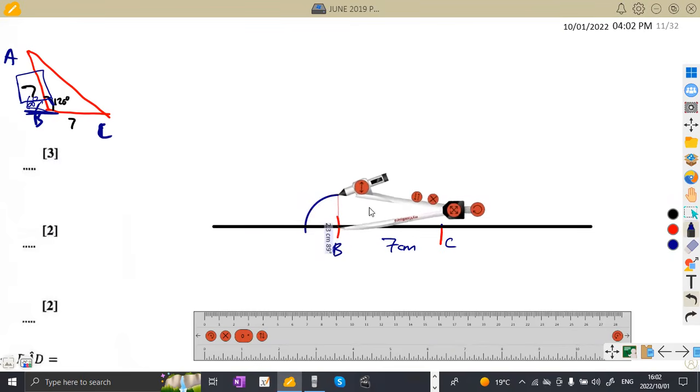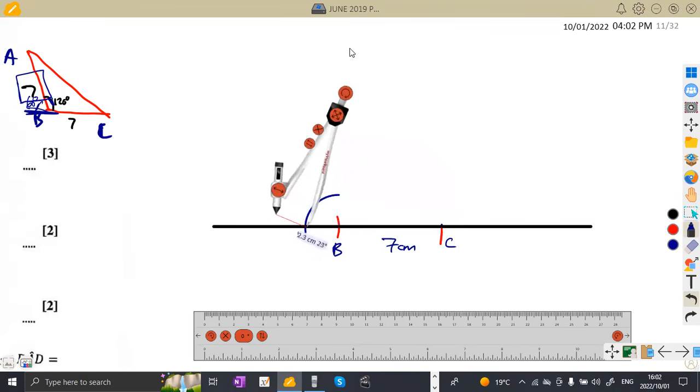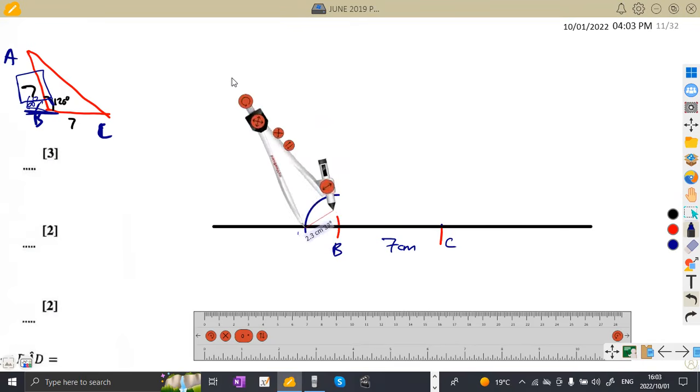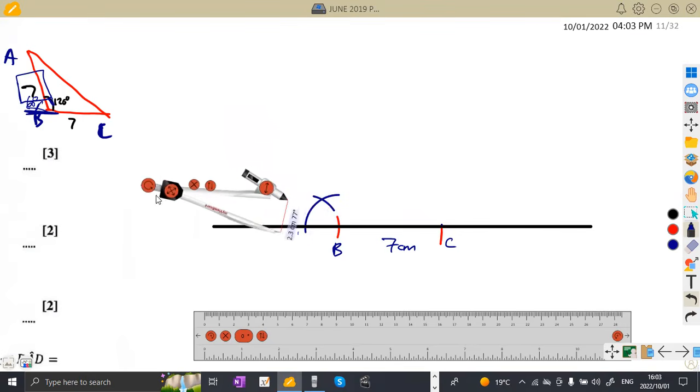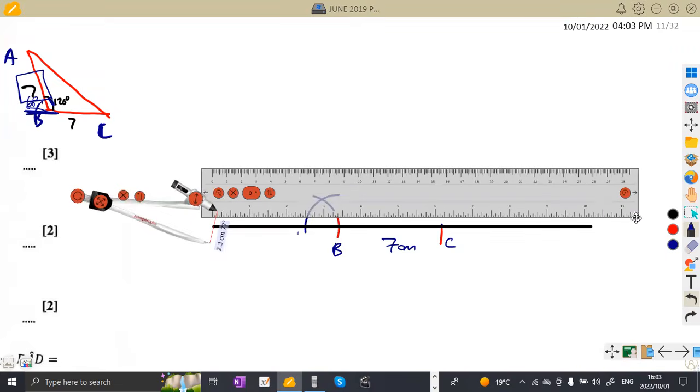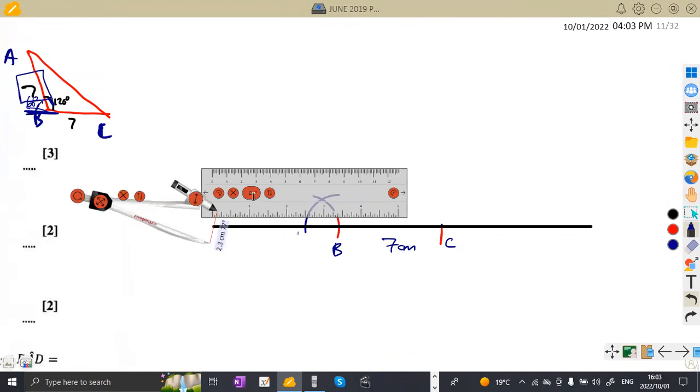So your 60 degrees is supposed to be on the left side, where you have this arc. From the left side, you go back to the point of intersection of the arc and the line. Then you mark an arc again, which is supposed to join the one that you started with at the reference arc here. So as you can see, they are actually joining each other. By having this, we can join our part here.